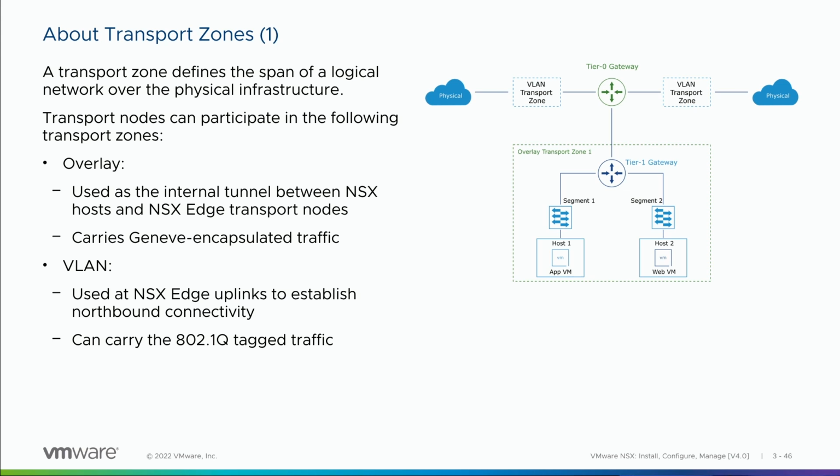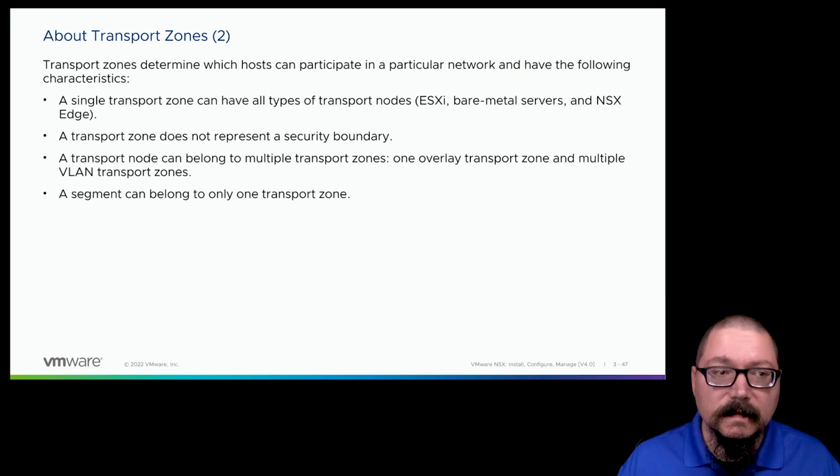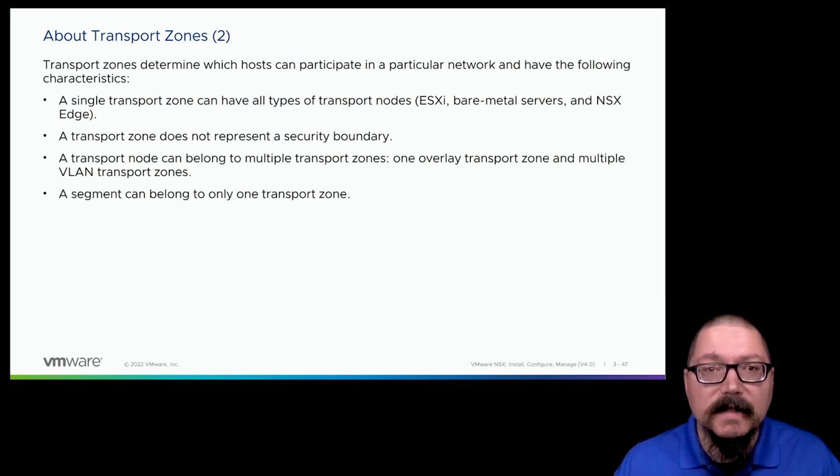That transport zone, in turn, is going to define the virtual switches on which I need to create that logical switch that I'm going to create that segment on. So I'm going to use these transport zones as essentially configuration boundaries to contain the scope of my logical networking.